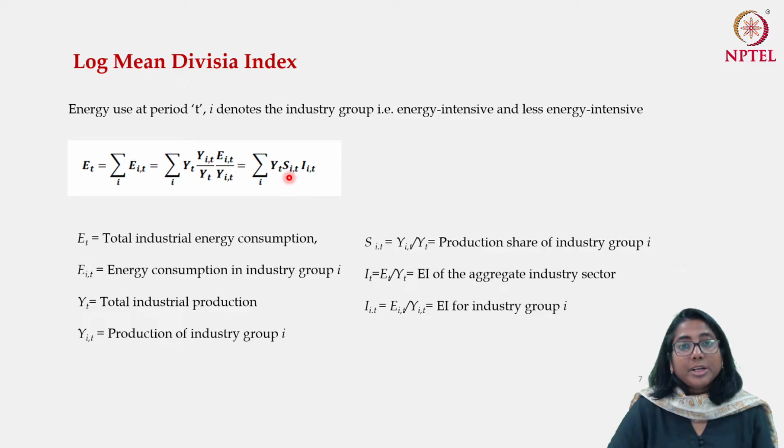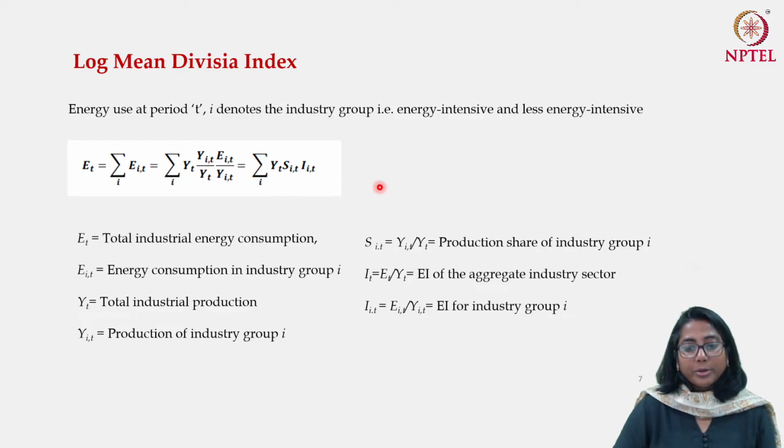This is denoting the structure, SIT: YIT divided by YT, we are writing it as SIT. So this is giving you the structure of the manufacturing sector. And IIT is the energy intensity effect, which we can capture through it. So this is how we are going to write down the equation first.